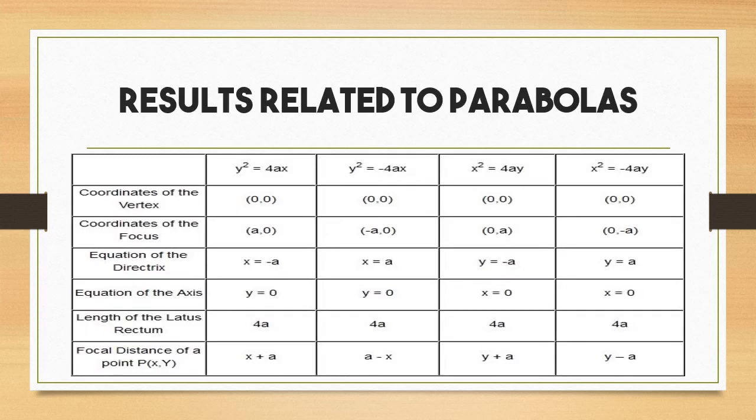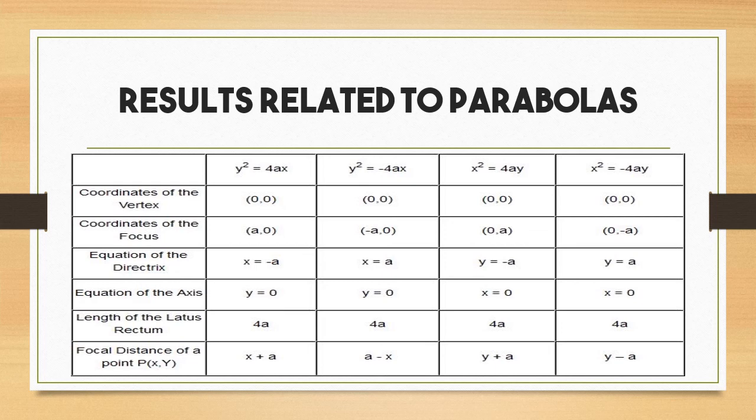Now there are a few results related to parabolas. There are 4 kinds of parabolas we have. One is y square equals 4ax, y square equals minus 4ax, then x square equals 4ay, then x square equals minus 4ay. So these are the 4 types of parabolas we have. Now for these parabolas we have a few categories: coordinate of the vertex.